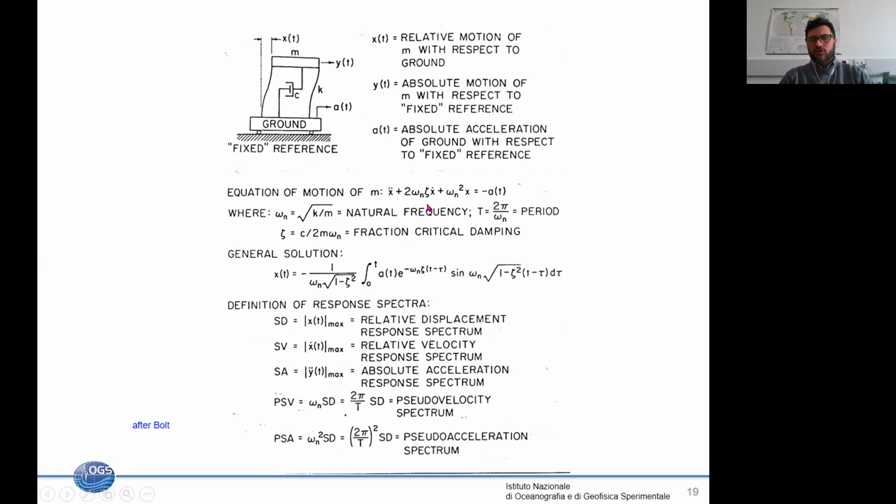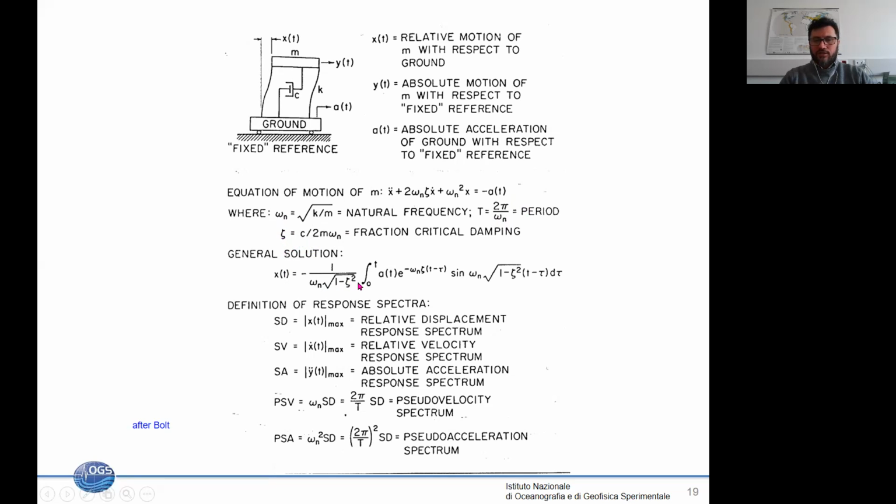So the equation of motion is the same that you have seen before, where omega, which is the natural frequency of the oscillator, so this is nothing else like a pendulum, depends on the stiffness and the mass. Then we have the period of the oscillator, and we have also what is called the fraction of critical damping, epsilon.